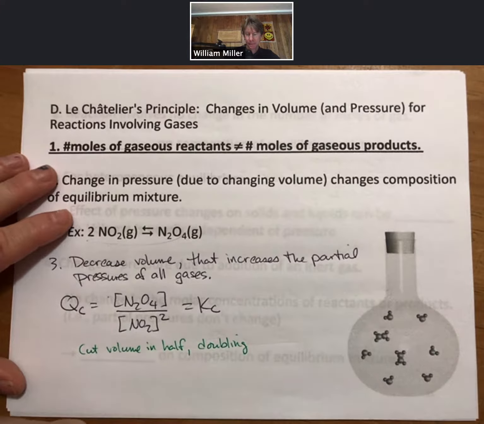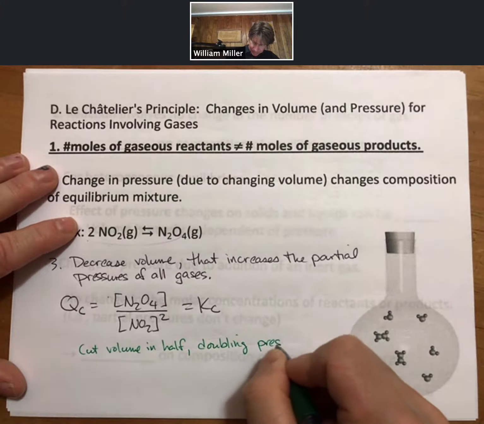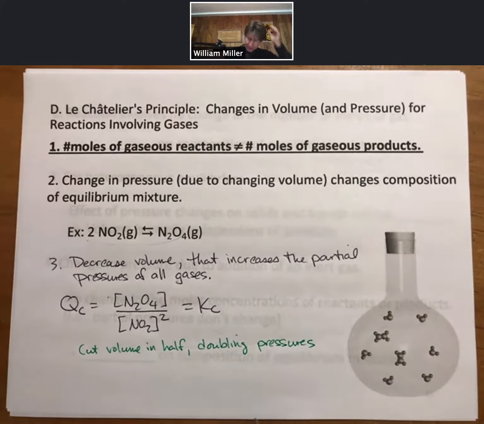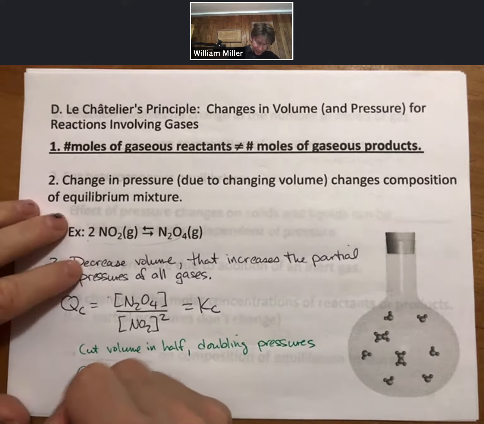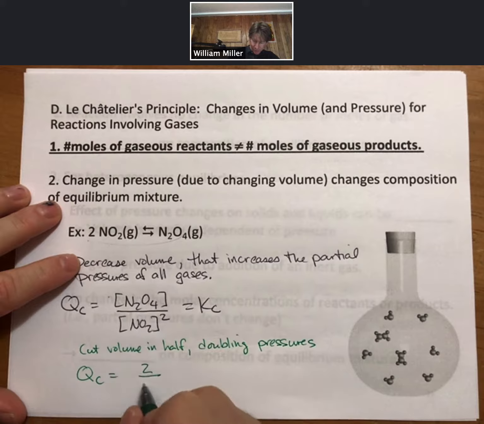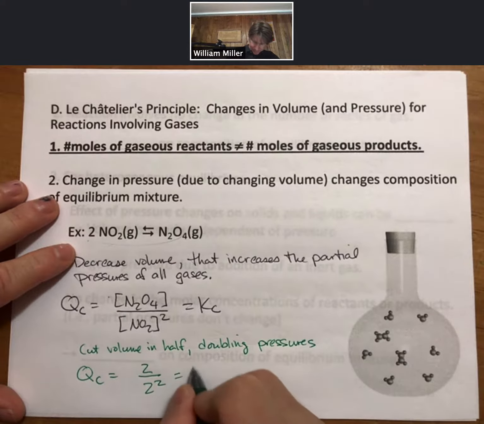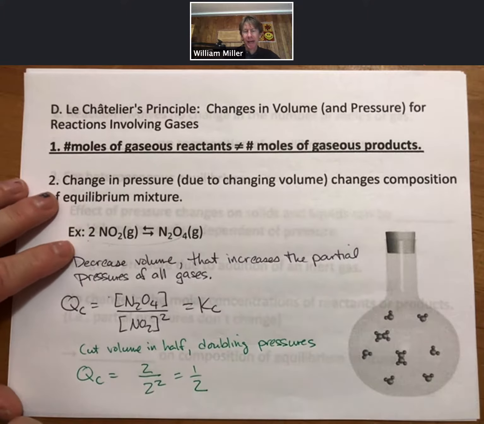Doubling pressures. So now Qc is going to equal 2 over 2 squared, which is 1/2.